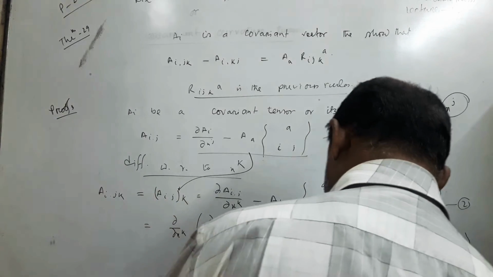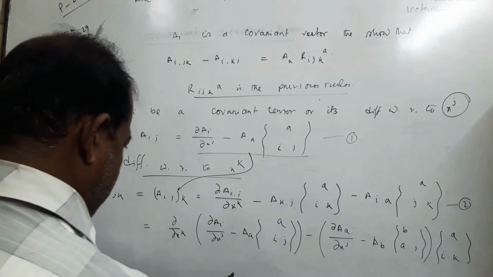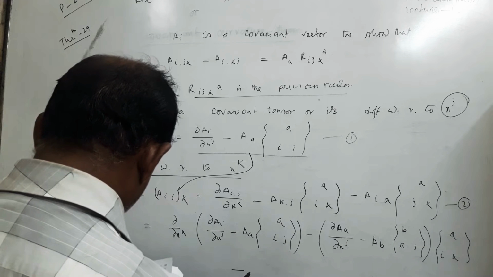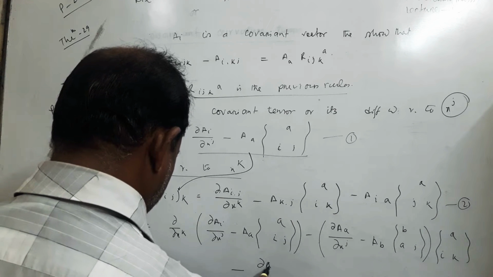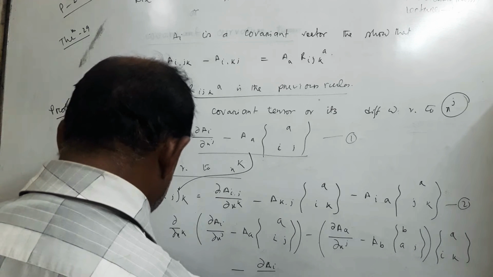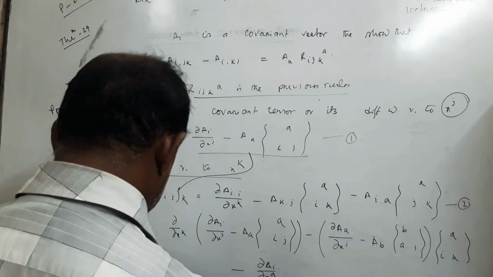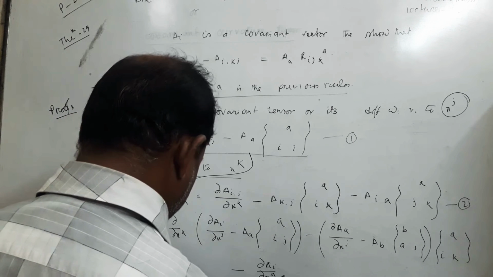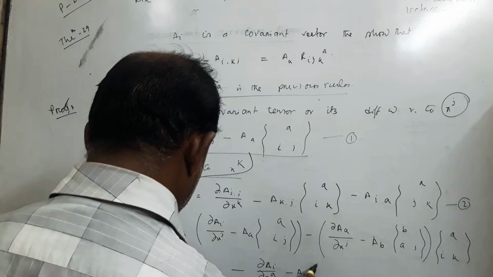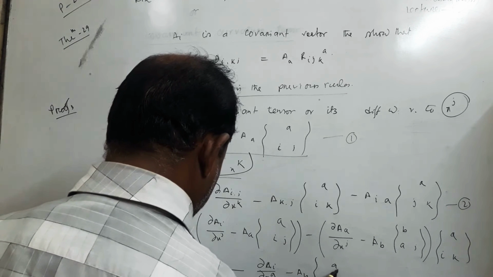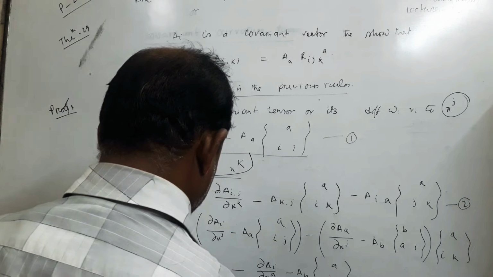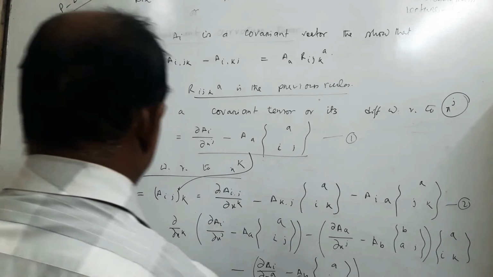Minus del ai divided by del xa minus ab into a j k. Okay, this is the formula.